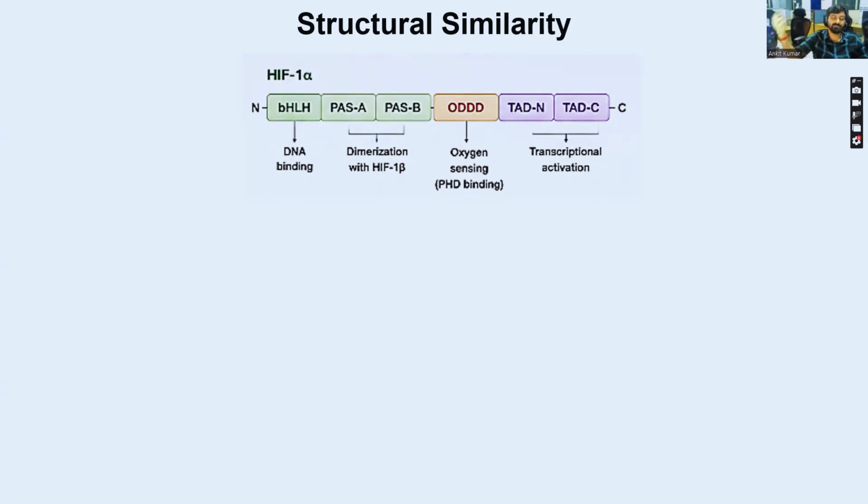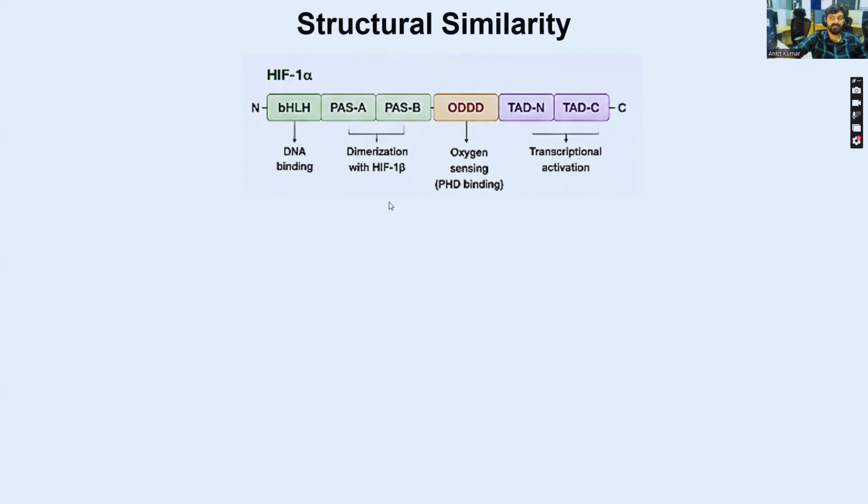As we have seen, when HIF-1 alpha is translocated inside the nucleus, it binds with HIF-1 beta, and then HIF-1 alpha and HIF-1 beta form a transcription complex, and that will bind with a specific sequence of the DNA called the hypoxia responsive element. So that binding with the DNA is facilitated by the bHLH sequence.